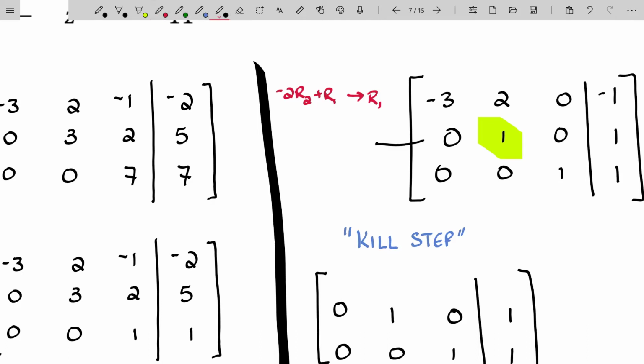-2 times 0 added to -3 is -3. -2 times 1, so -2, plus this 2 is going to be 0. -2 times 0 plus 0 is still 0. And then -2 times 1 is -2, plus this -1 is a -3.